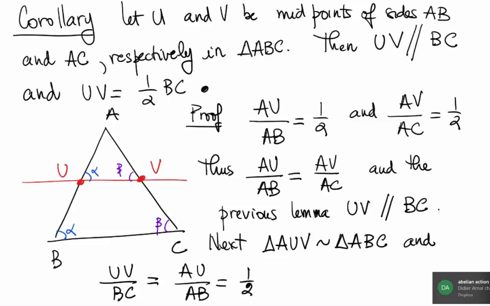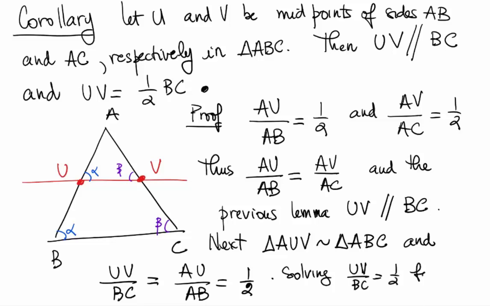So solving the equation UV over BC equals 1/2 for UV gives that UV is half of BC.